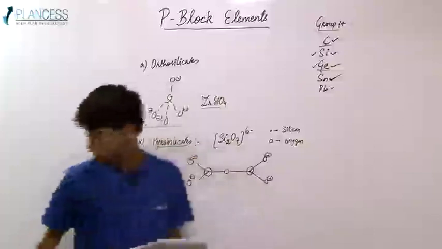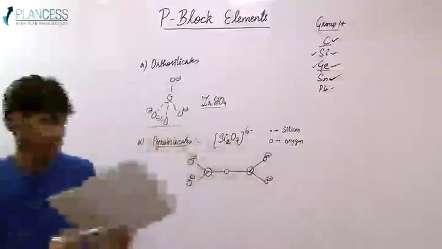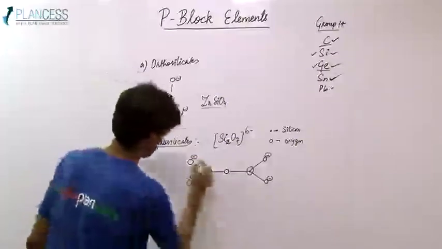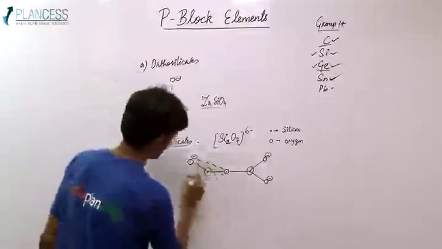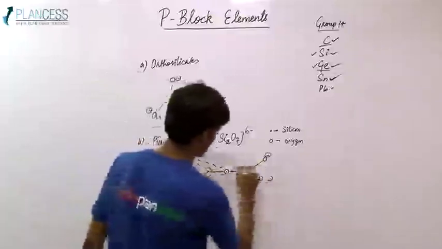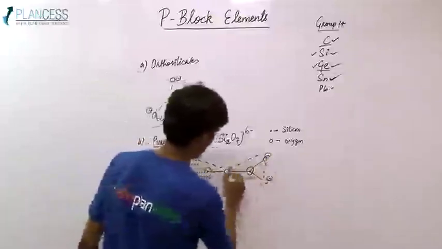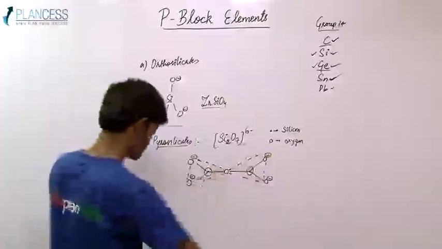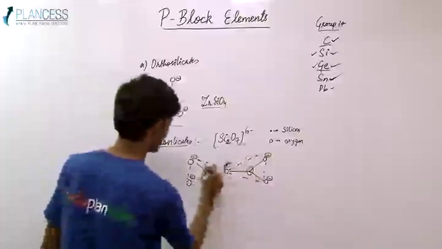So you can say this one is the basic entity, this one is the basic entity, and this oxygen also has negative charge.